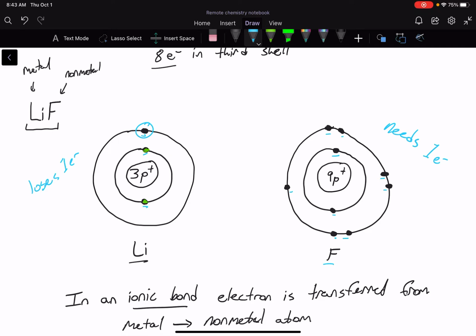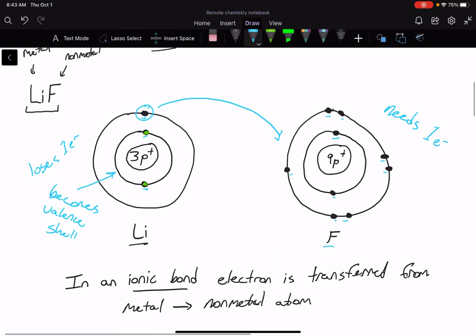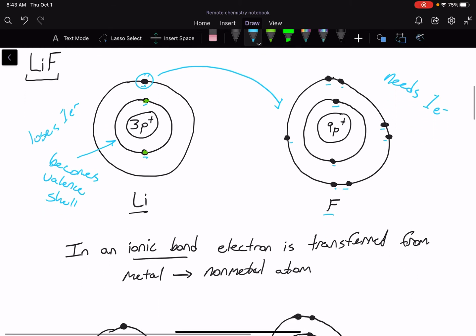So when it loses 1 electron, this inner shell becomes the valence shell. This electron gets transferred to the fluorine. Let's look at the Bohr diagrams for what happens after that transfer occurs.